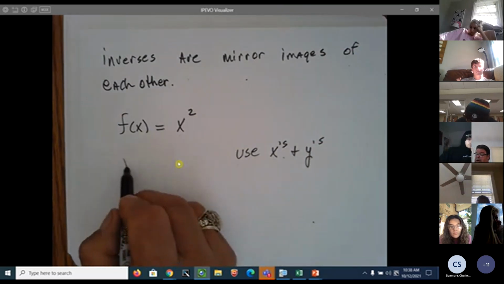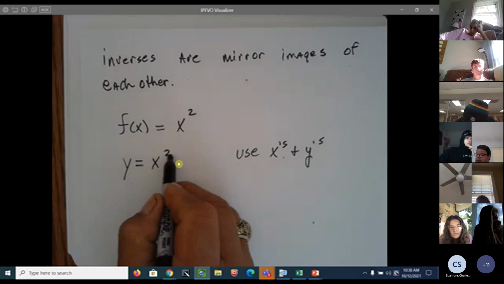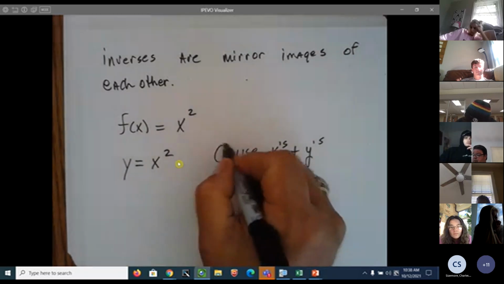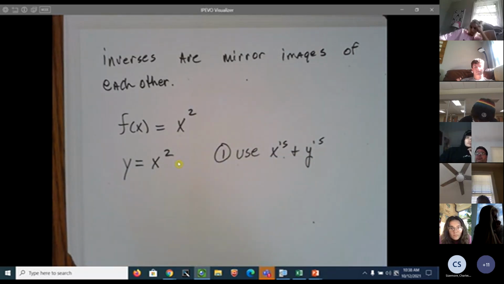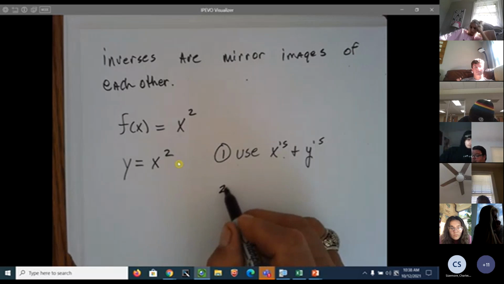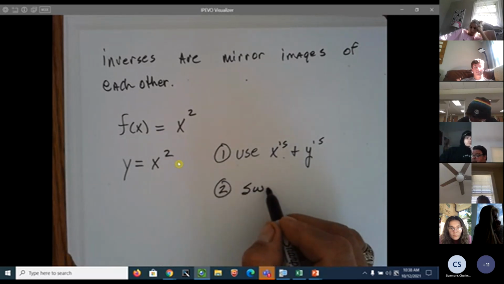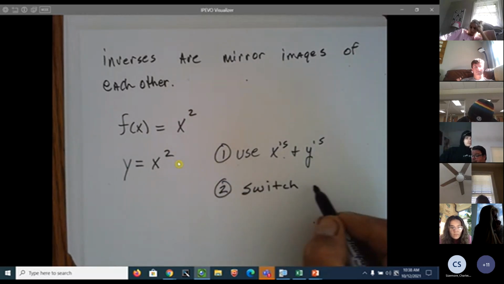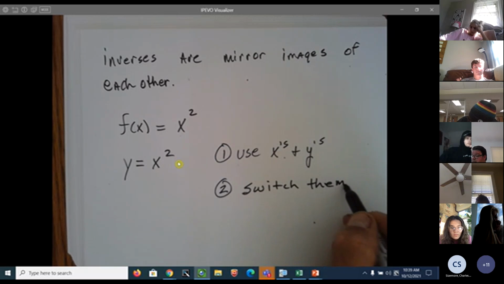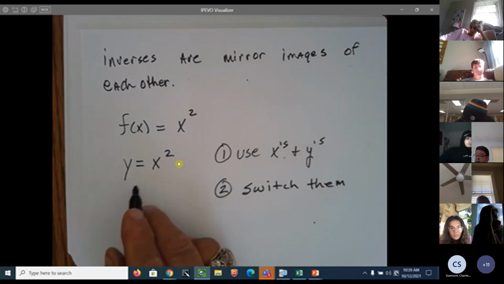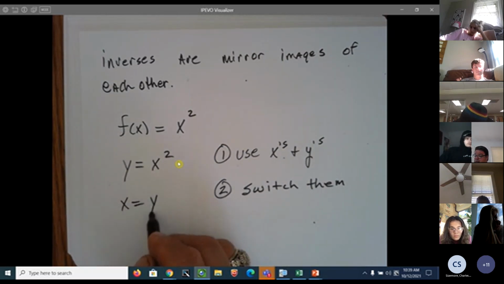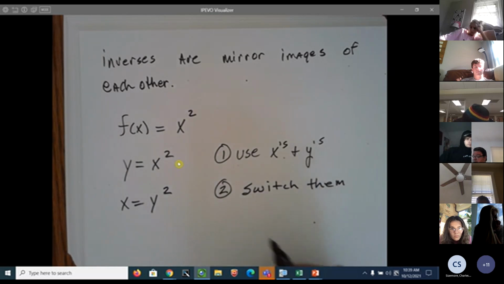So I'm going to make this y is equal to x squared. Number one, use x's and y's. Number two, switch them. So x is equal to y to the second power.